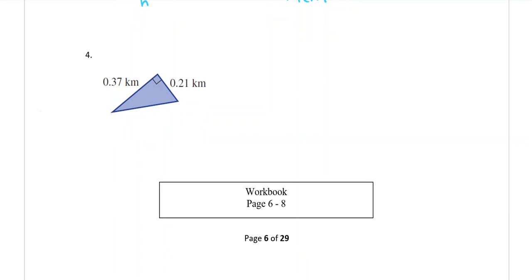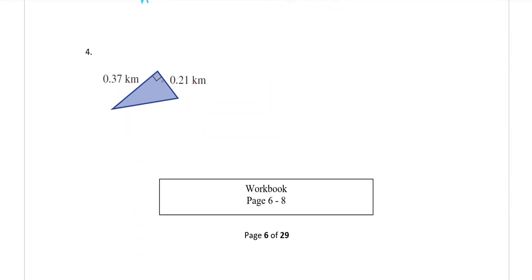One more go. We have question 4. Now we have both of the sides next to the right angle, which means we have both of the shorter sides and we are finding the hypotenuse. So h for hypotenuse equals the square root of a squared plus b squared. The a and the b, it doesn't matter which one is which.